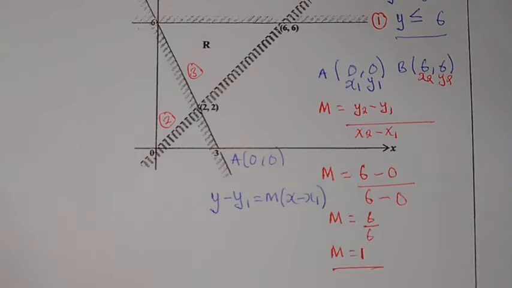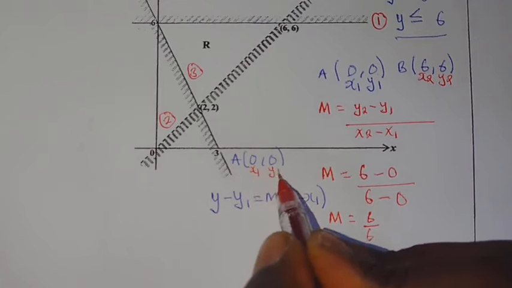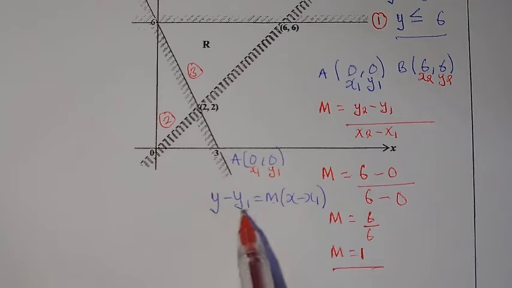So when I get this one, when you look at your formula, you have y minus y1 equal to m in brackets x minus x1. So m is the gradient, then we say this is x1, this is y1. So y1 will be 0, x1 will be 0. So this y and this x, they will be just there in the equation.